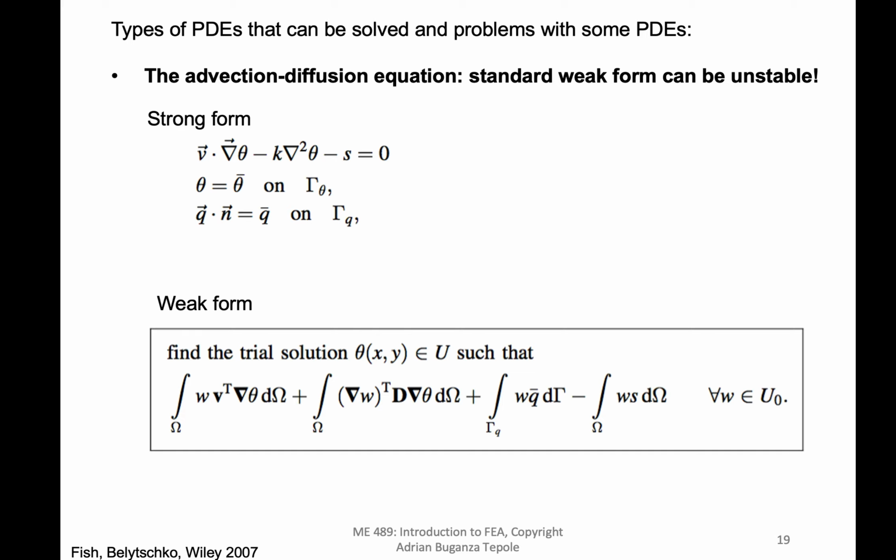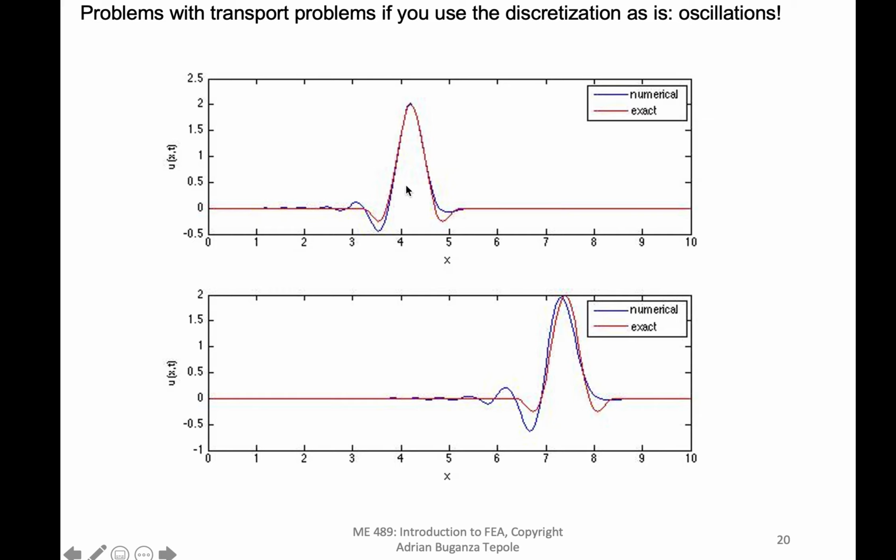I don't have a finite element solution here. This is actually a finite difference solution, but it's the same phenomenon that happens in the finite element method, which is when you do standard finite element discretization that we've talked about for transport problems, then you can get unstable solutions.